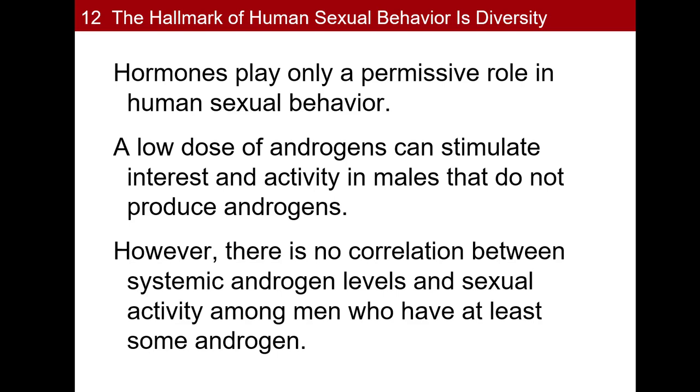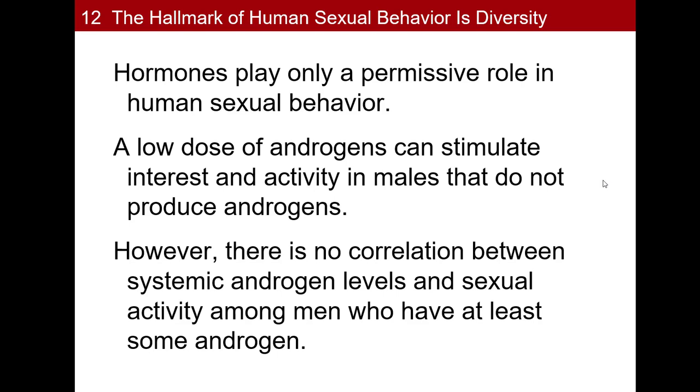So we mentioned the importance of hormones, about the fact that a castrated male would not show interest in sexual activity because there's a lack of testosterone. You see the term androgens here. Androgens refers to male sex hormones, and testosterone would be an example of an androgen. But when we're talking about hormones, they only play a permissive role.